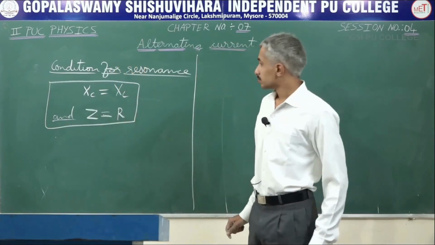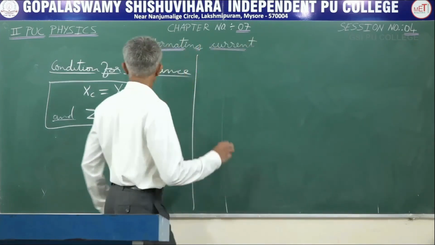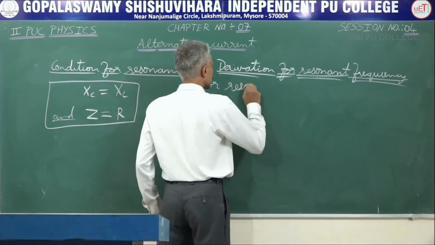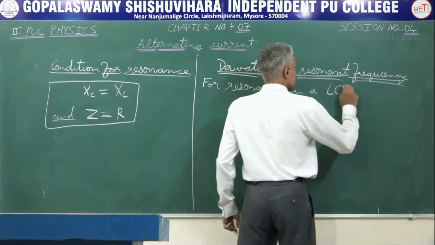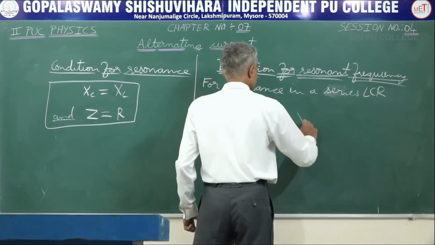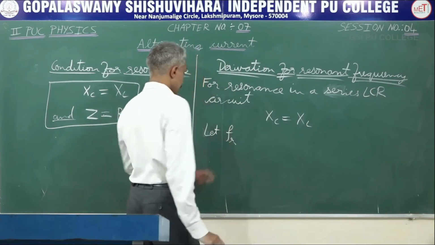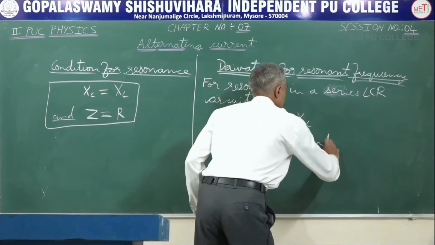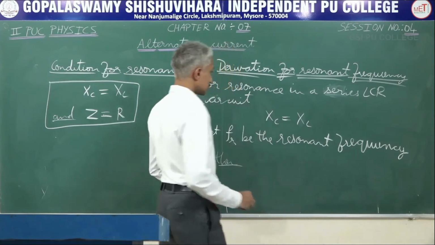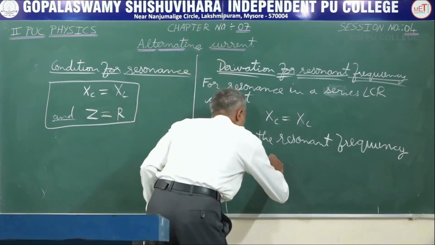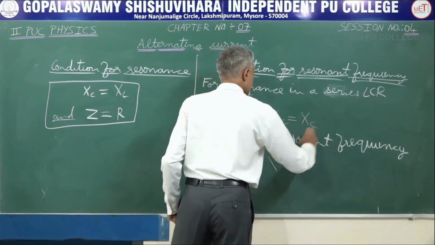Now we will derive the expression for resonant frequency. For resonance in a series LCR circuit, Xc should be equal to XL. Let Fr be the resonant frequency. For the sake of convenience, I'll change the terms.